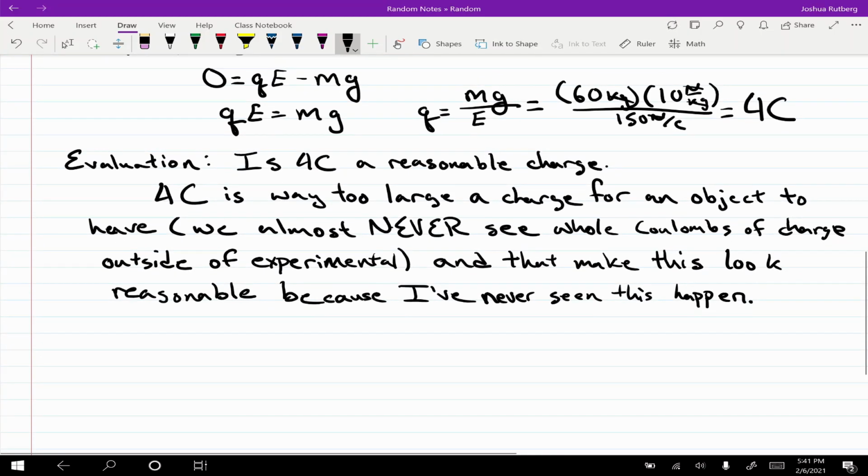So we are unlikely to get this amount of charge, which means this process is unlikely to happen. And I've never seen it before.